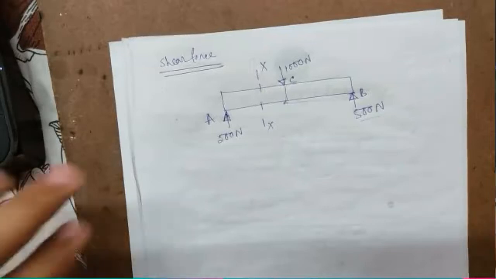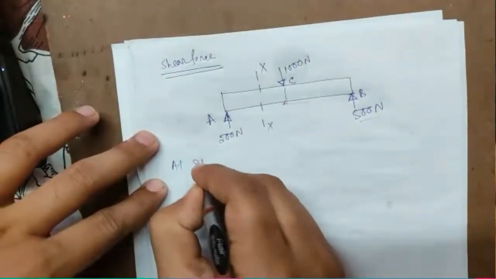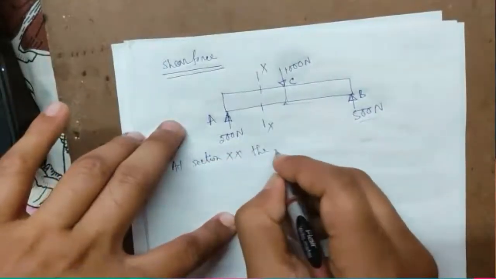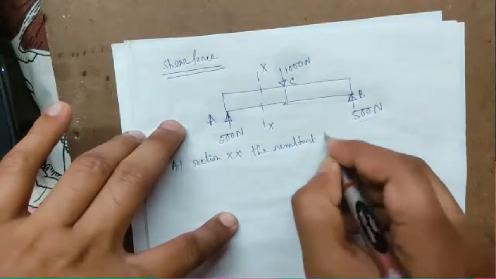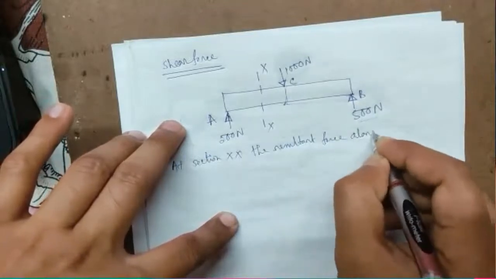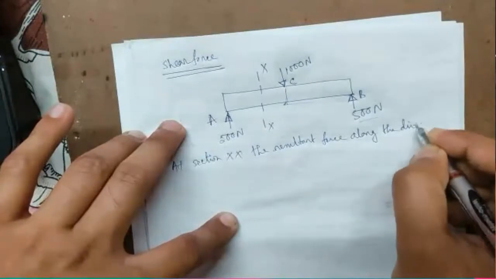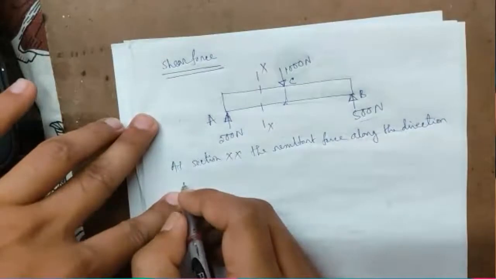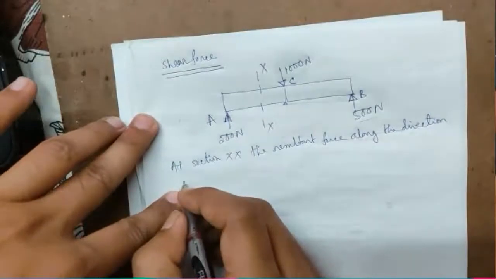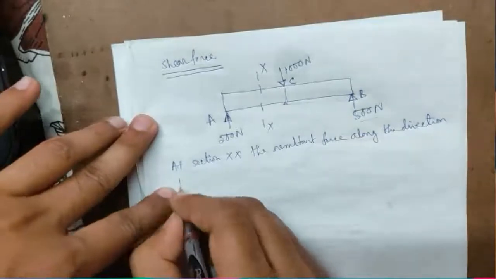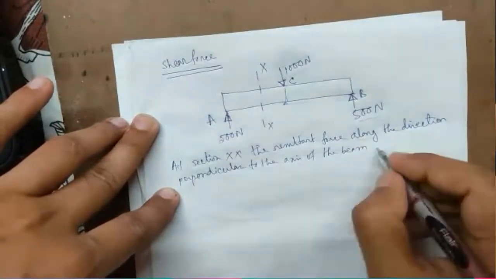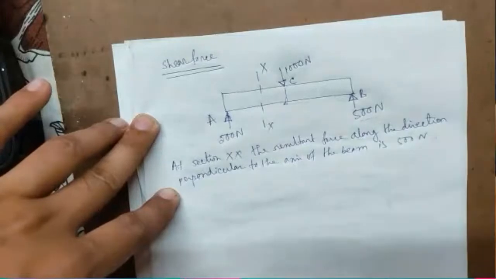So you can say at section XX, the resultant force along the direction perpendicular to the axis of the beam is 500 Newton.